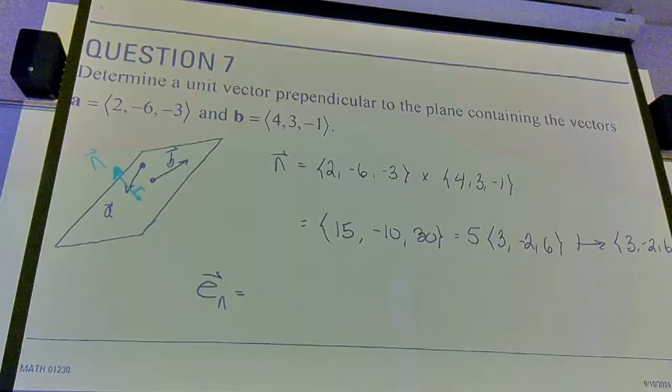One over the magnitude of that new vector. 4 and 36 is 40, and 49, square root of 49, so 1 over 7.